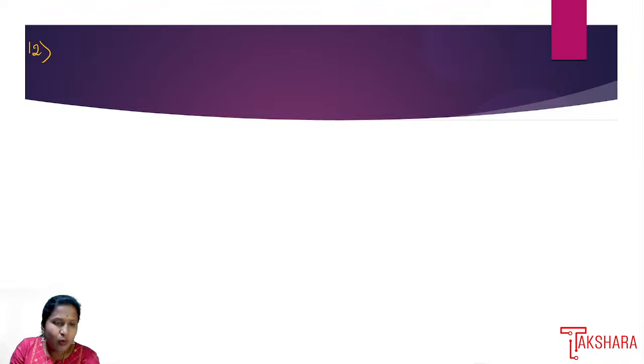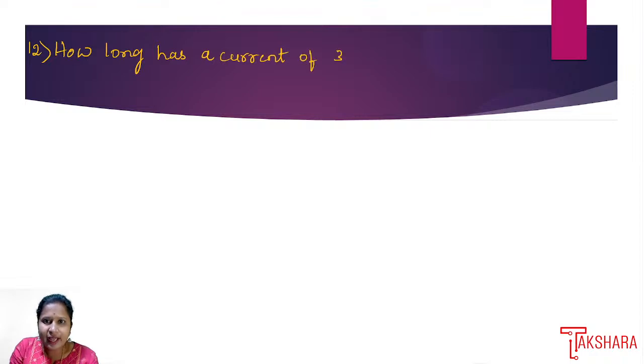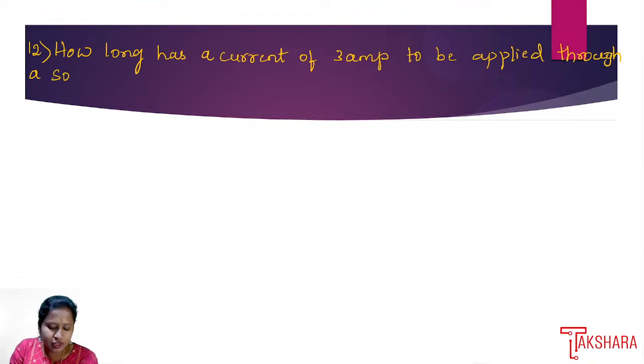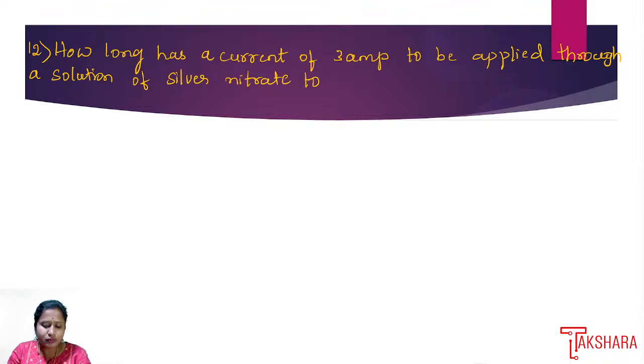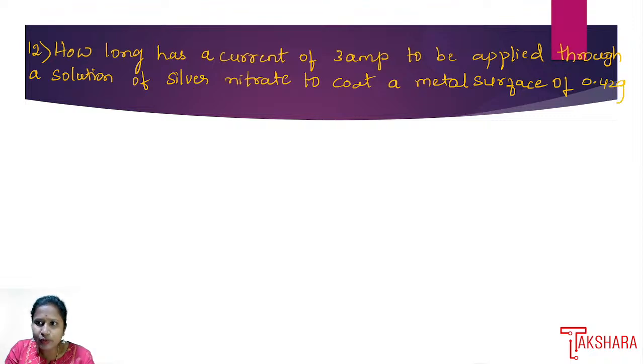Next question I will write. How long has a current of 3 ampere to be applied through a solution of silver nitrate to coat a metal surface of 0.42 gram?